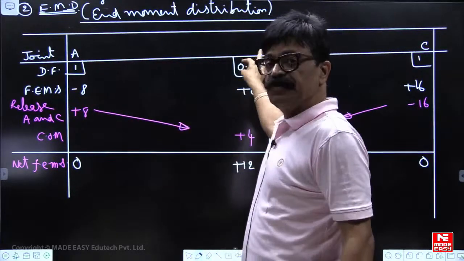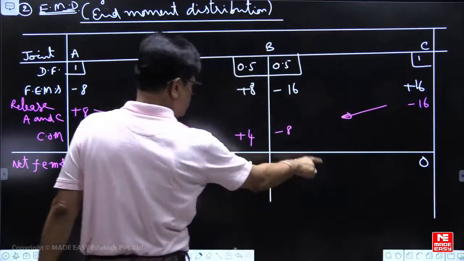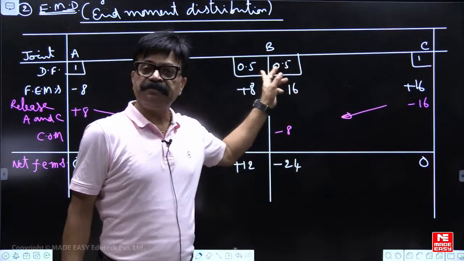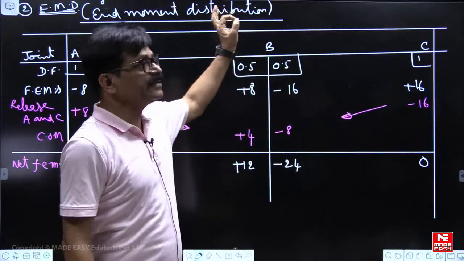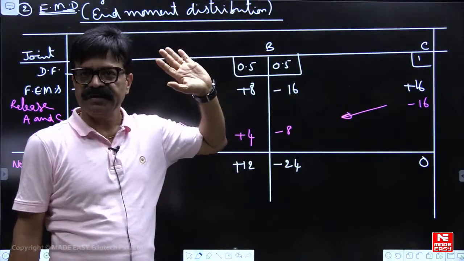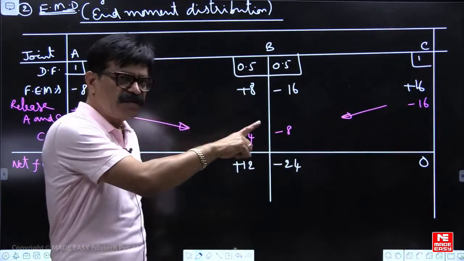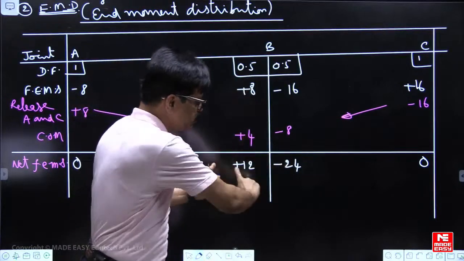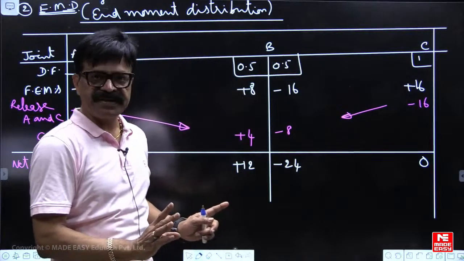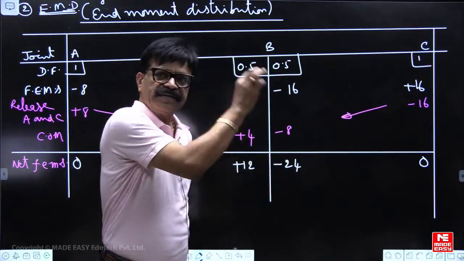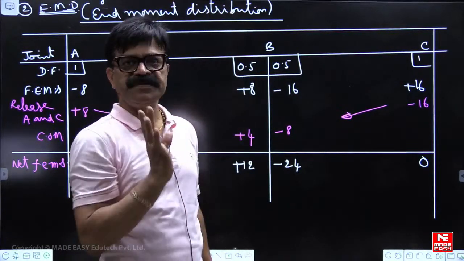But to make slope 0 at B, this is the moment necessary. Plus 12 minus 24 means if you apply minus 12 kilonewton meter, theta B becomes 0. Then what you have done in regular MDM, because slope is not 0, you distribute this one, EMD, end moment distribution. If you don't distribute, whatever moment you get, that is the moment required to make slope 0.